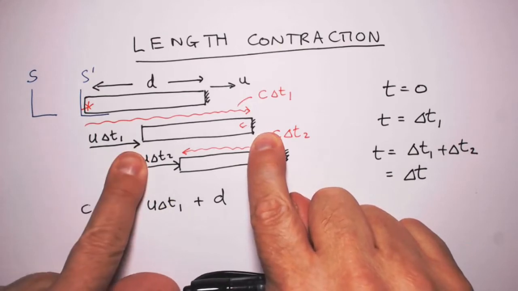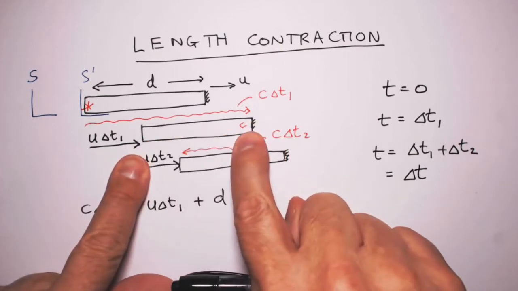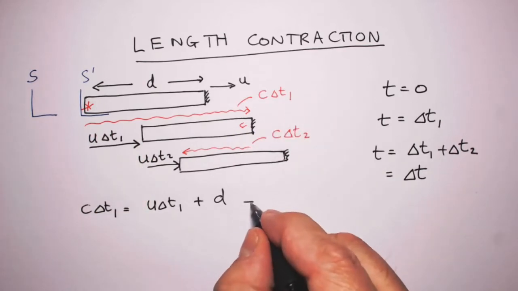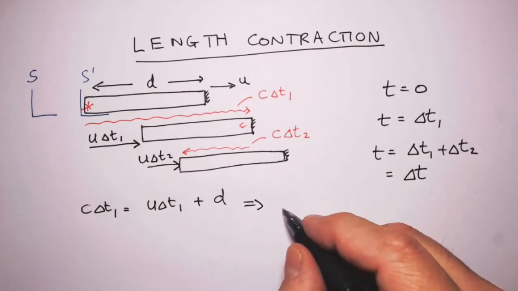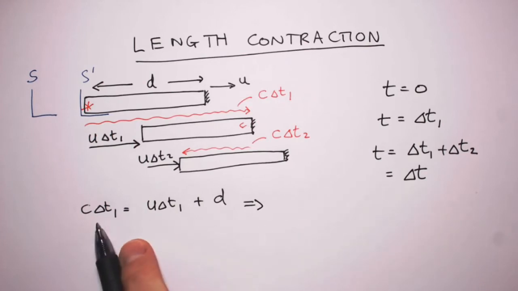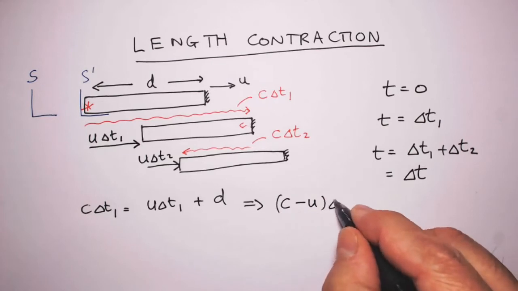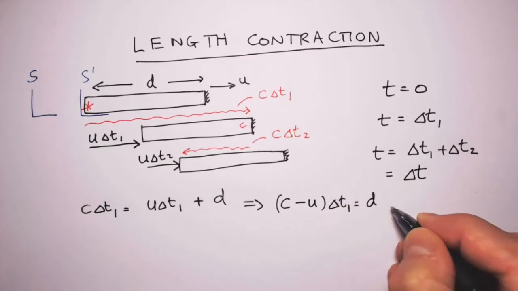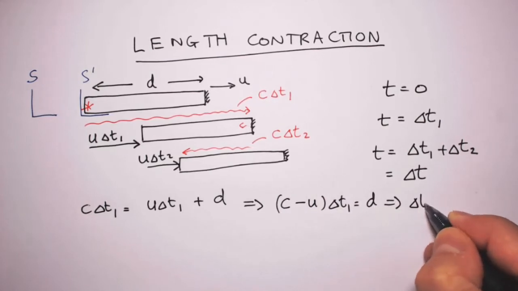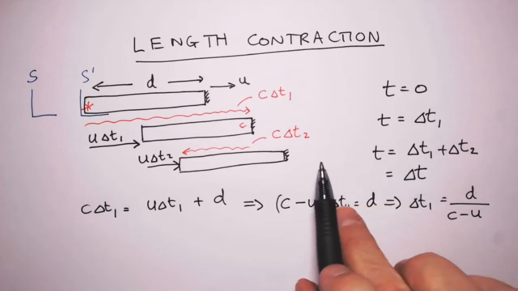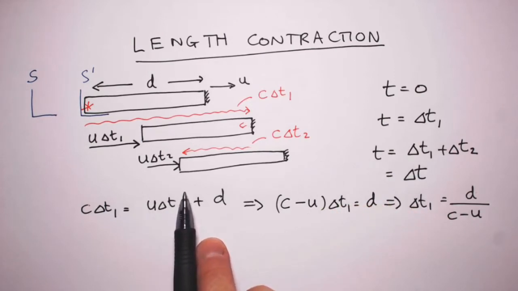So u delta t1 plus this distance d is equal to c delta t1. And from there, we can solve for delta t1 to start with by subtracting u delta t1 from both sides, and we get c minus u delta t1 equals d, and therefore delta t1 is equal to d divided by c minus u.